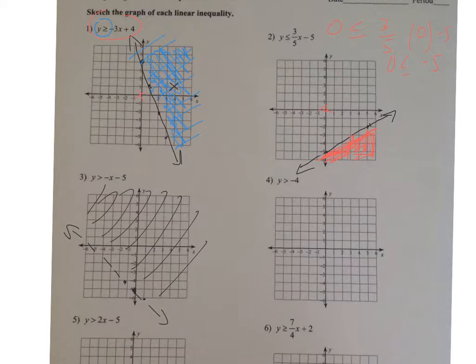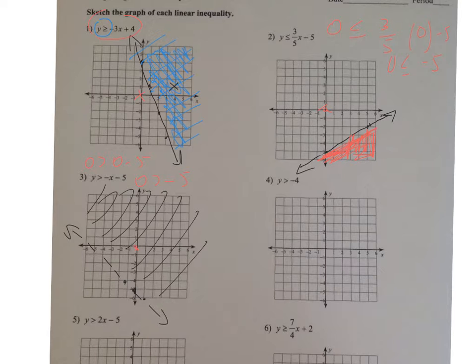But let's double check it. Once again, I'm going to use 0, 0, because my gut is telling me greater than must be above, so this 0, 0 point should be a solution. So we have 0 is greater than 0 minus 5. 0 is greater than negative 5. That is a true statement. Therefore, we did shade the right way.